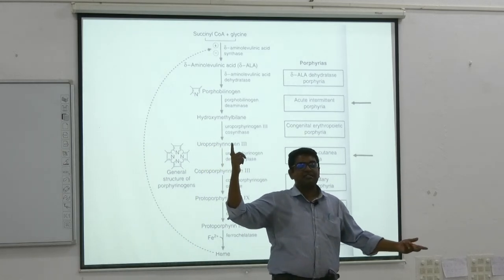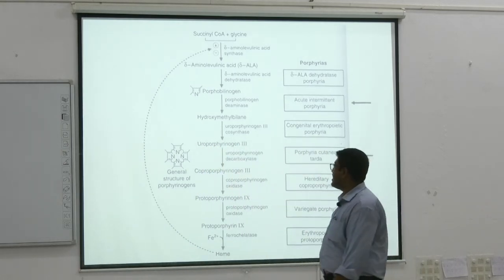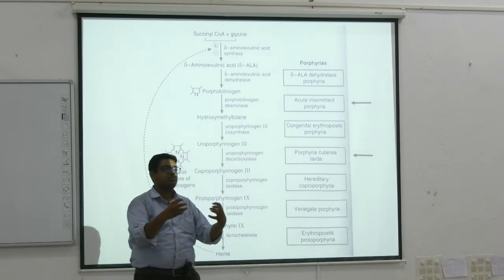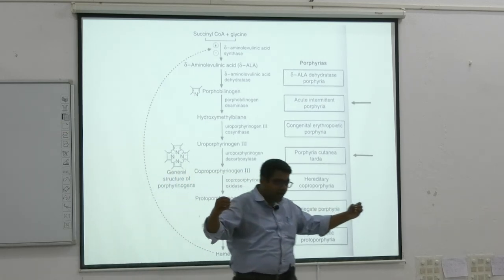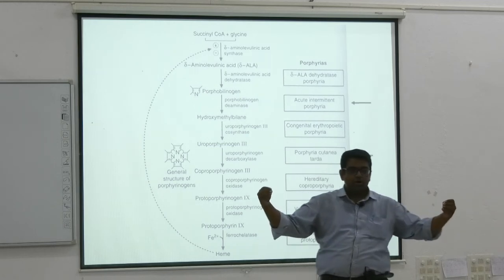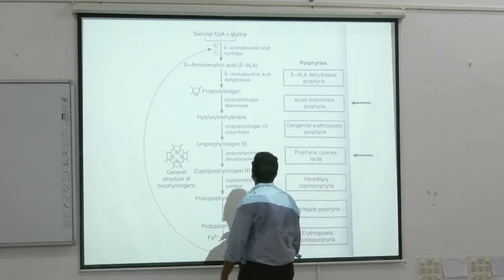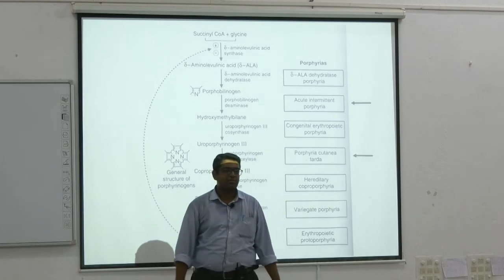It is not ALA synthetase. It is ALA dehydratase, which causes the accumulation of porphobilinogen, the linear tetrapyrrole precursor. That is your ALA dehydratase porphyria. That is the first kind of porphyria.